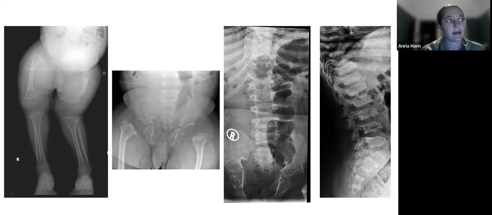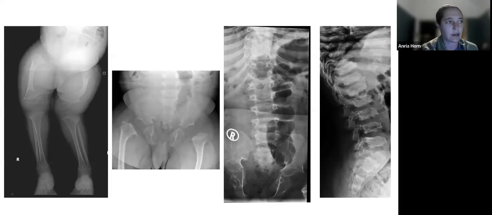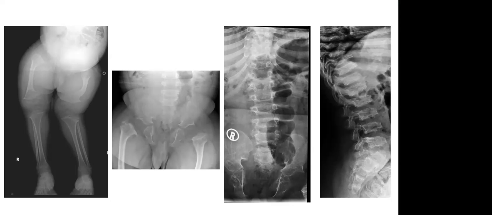Yeah, from that leg. Okay, so do you want to try and make a diagnosis? Abnormalities of the epiphyses and of the vertebrae. Epiphyses and vertebrae.